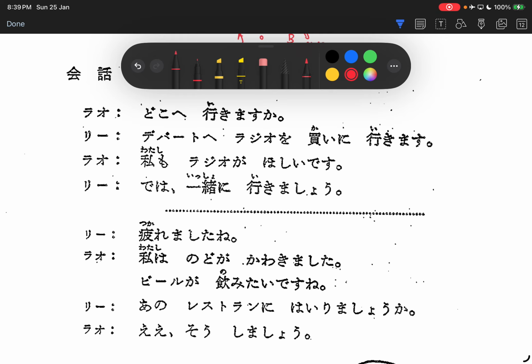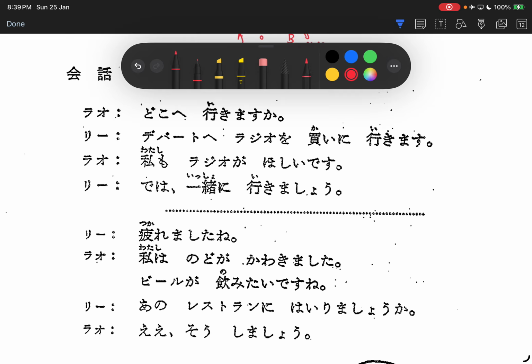Then Wang-san says, 私も. I also. 私も、ラジオが欲しいです. So ラジオが欲しい. 欲しい means want, but this is for nouns, for objects. So in this case, what is the object? ラジオ. 私もラジオが欲しいです.